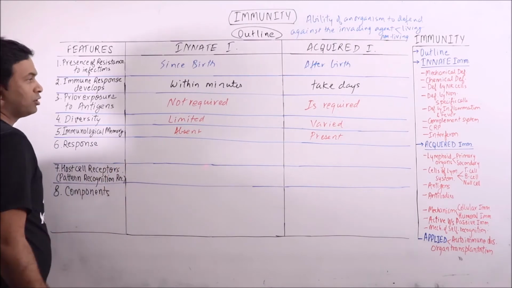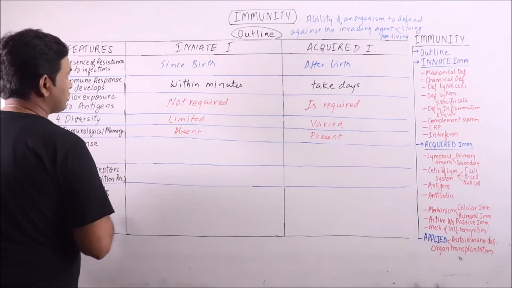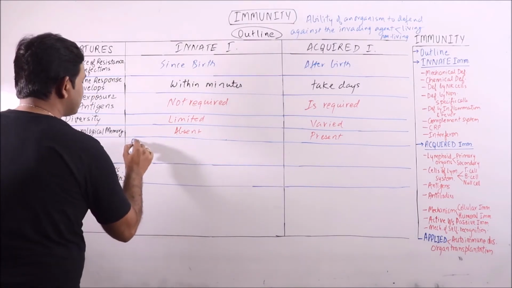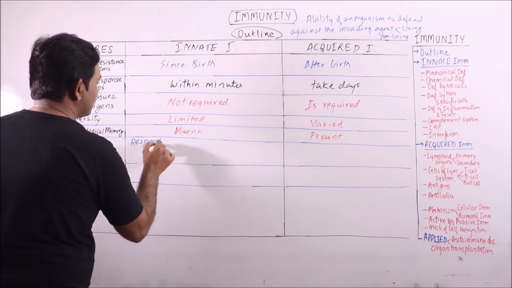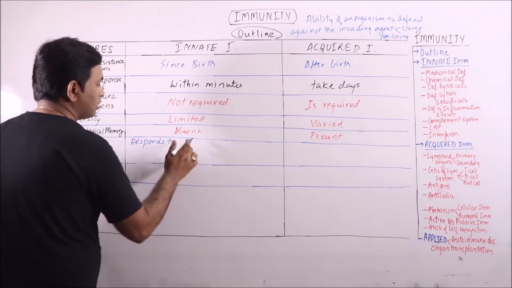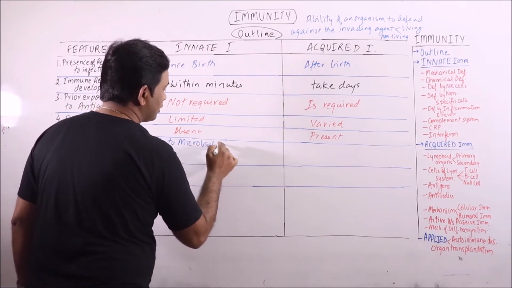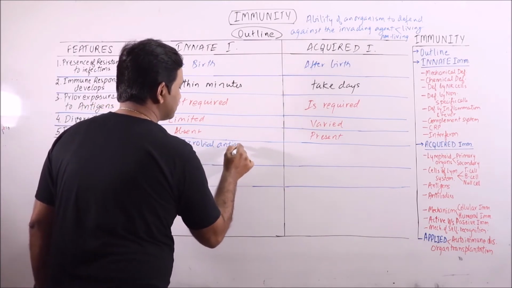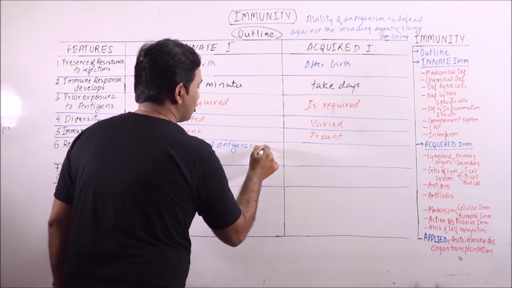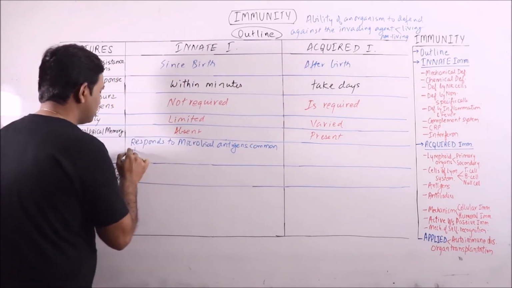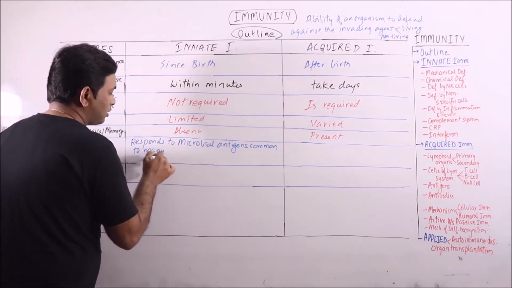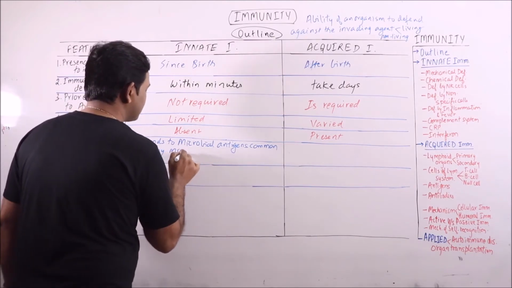Now, what is the response? Innate immunity responds to microbial antigens common to many microbes.